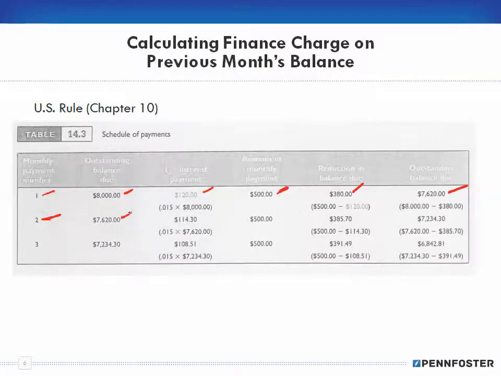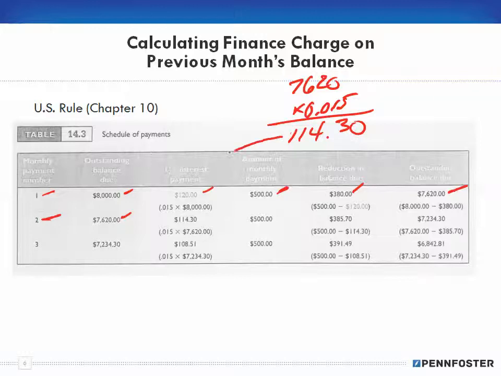So we have this new balance of 7,620, and we're multiplying it by our interest rate of 1.5%, and that gives us interest of $114.30, which you see right there. And again, this is just the math right here. You don't have to put it on the table if you don't want, as long as you're doing it correctly. That's just the explanation for it.